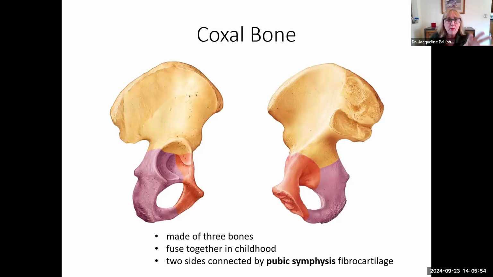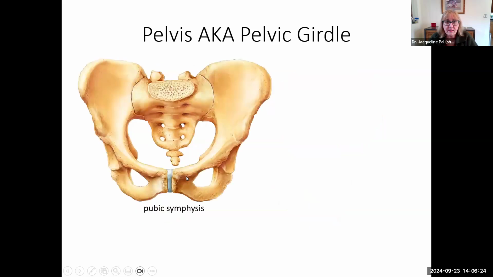So the coxal bone is actually made up of 3 bones, tan, pink, and purple, which fuse together in childhood. And so you have a right coxal bone and you have a left coxal bone. And right in the middle, in the front, right under your pubic hair, there's going to be a piece of fibrocartilage joining the two called the pubic symphysis.